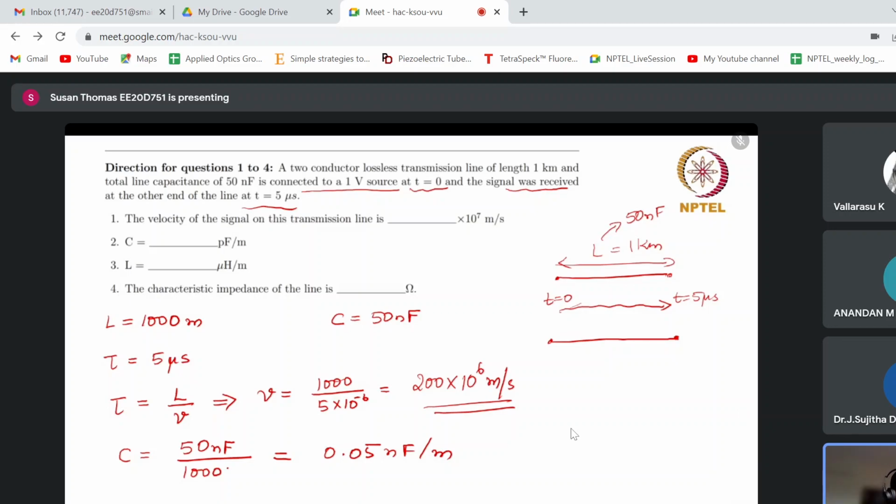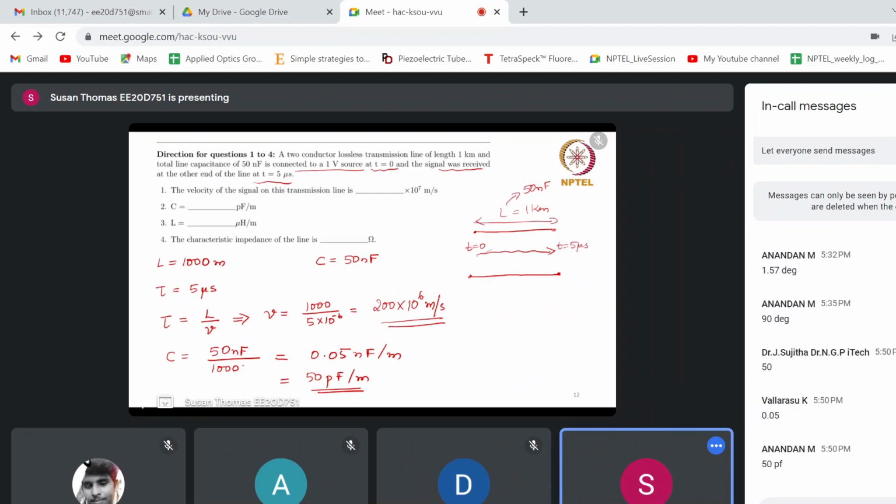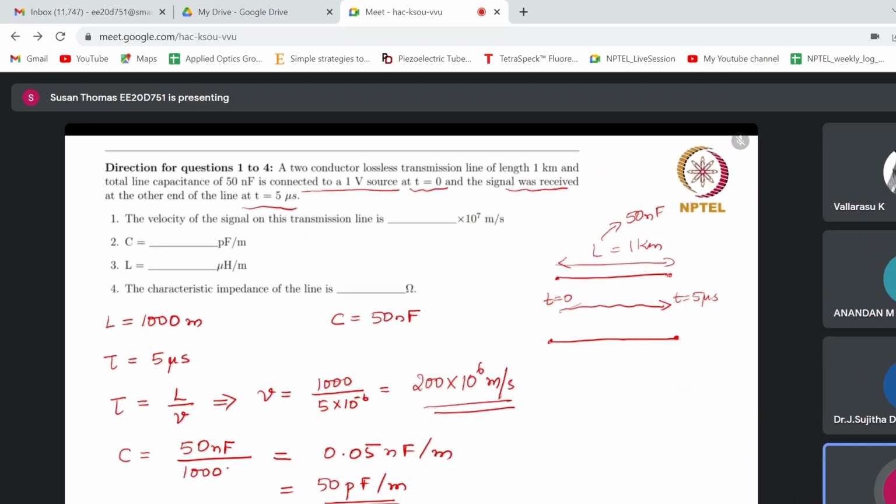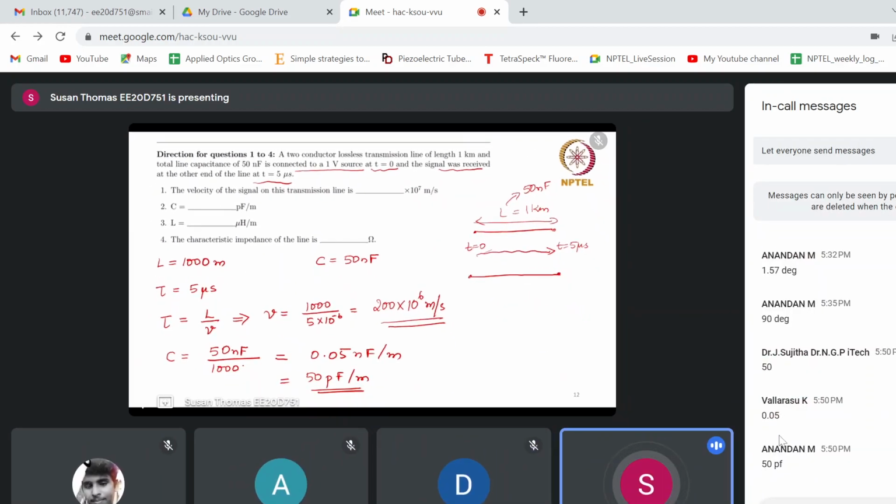If you want to make it picofarad per meter, you have to make it 50 picofarad per meter. I think someone has responded rightly in the chat. Yes, that is 50 picofarad per meter. Thank you, Anandan, for responding. Thank you all for responding. I think many answers have come. All of you keep trying.